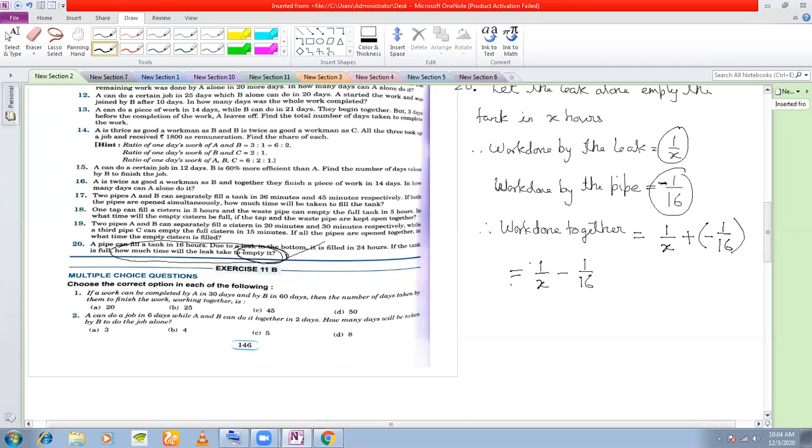And now, according to the question, the tank is getting filled. If the tank is filling and leaking also at the same time, how much time is it taking? It is taking 24 hours. So according to this problem, 1 by x minus 1 by 16 must be equal to 1 by 24. This is the net work done, right? So therefore, what is 1 by x?